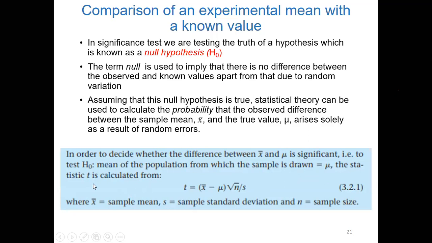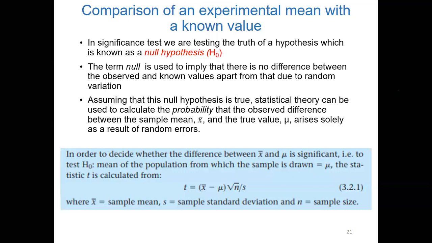We perform a statistical t-test, where we are calculating t. We call it the t-test. That is one of the most important significance tests available. Here we compare the mean, x bar, from the experimental value with the actual mean, which is mu.